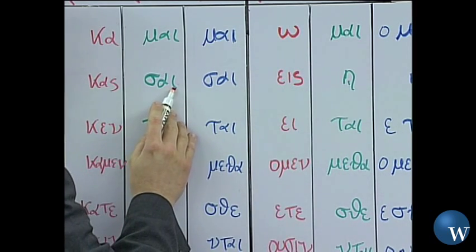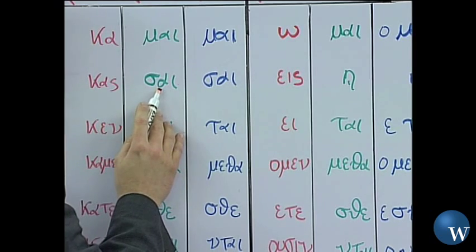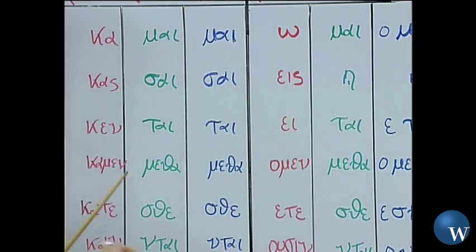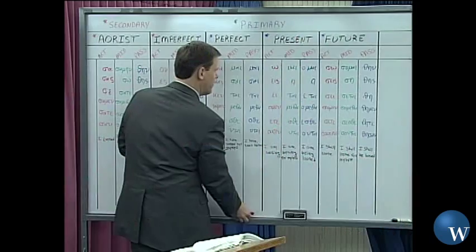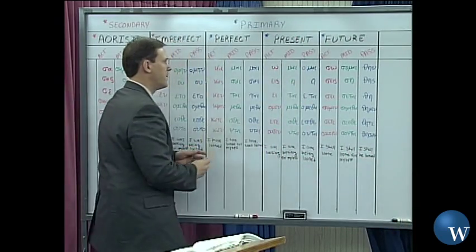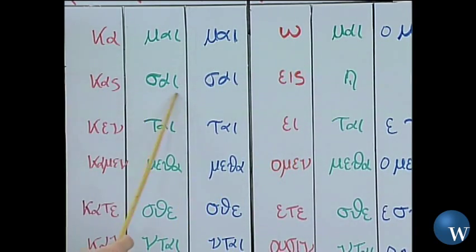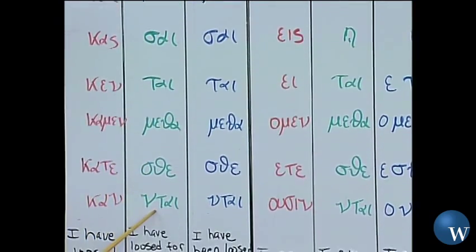And so this iota right here basically runs back underneath the eta, so you can technically see it still there, all right? So you just have to sort of by memory come to know that that eta in that second person singular is this sai that we're talking about here. So mai, sai, tai, metha, sthe, ntai.